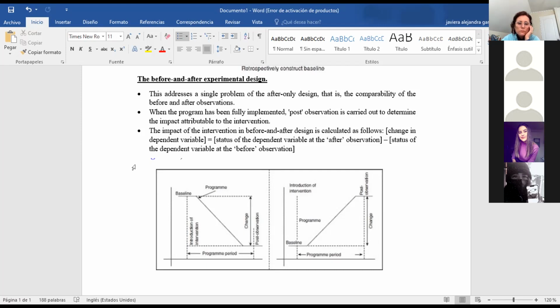The impact of the intervention in before and after design is calculated in the following manner: the change in the dependent variable equals the status of the dependent variable after observation minus the status of the dependent variable at the before observation.